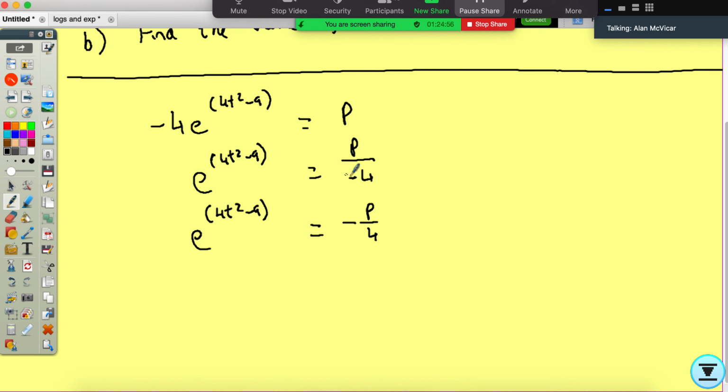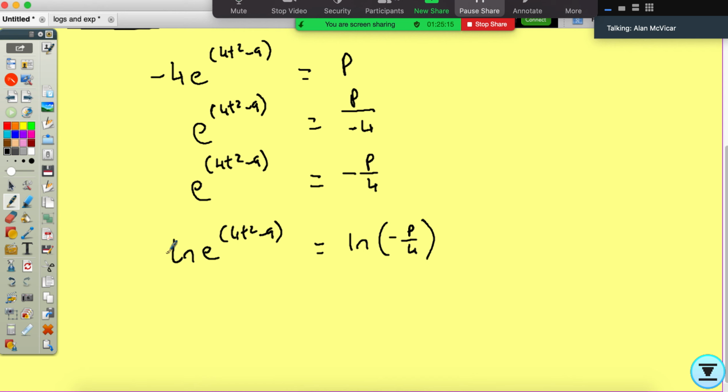Anyway, now take the ln of both sides. So ln e to the power of 4t squared, take away 9, equals ln negative p over 4. And then these two cancel off, and I'm left with 4t squared, take away 9, equals ln negative p over 4.